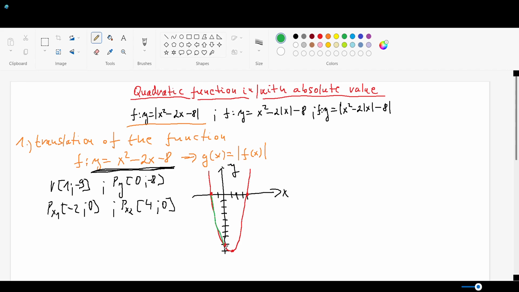It will simply reflect this part of the parabola to the positive numbers, so it will come up something like this. But let's do it more precisely. As we already know, the parabola will be reflected over the x-axis, especially the negative part or negative values of the parabola.